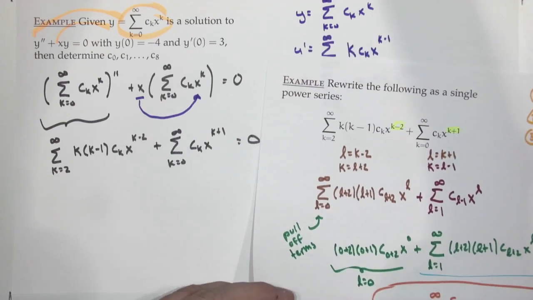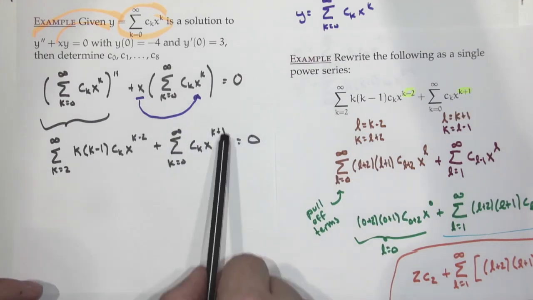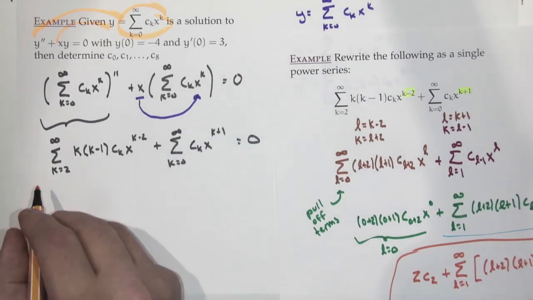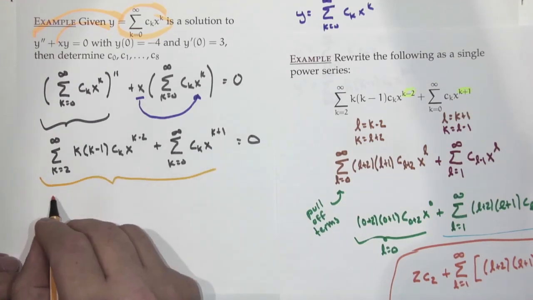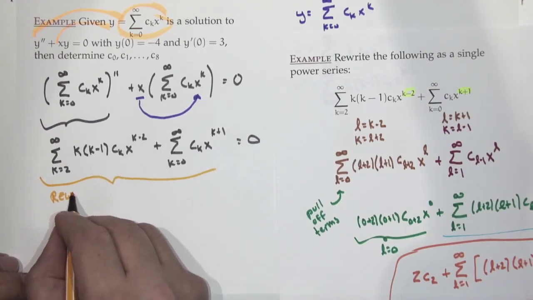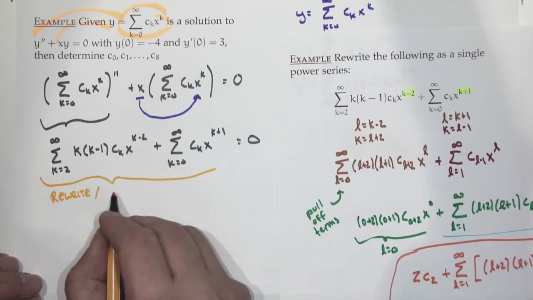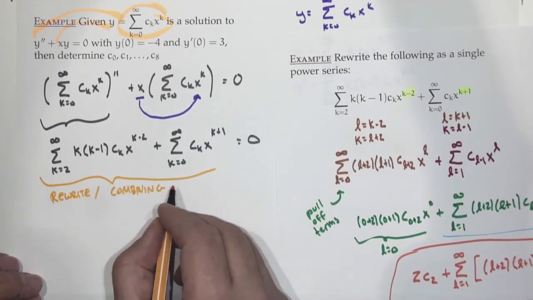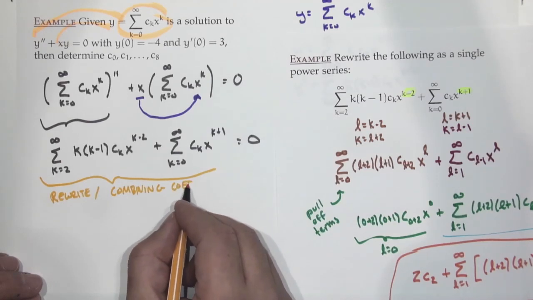So what do we do? Well, this is where we say, aha, rewrite this left-hand side. Okay, so now we're going to rewrite, and by rewrite, what we really mean is we're combining coefficients of powers of x. That's what we're really doing.